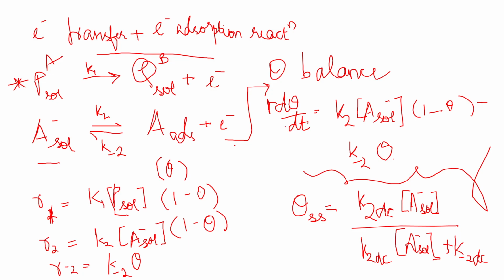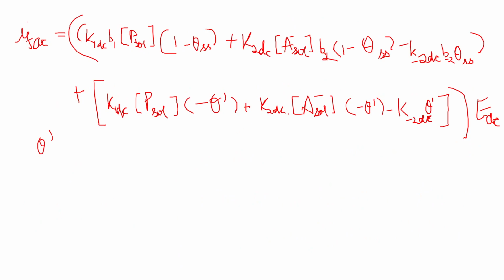And d theta by dT will be j omega theta dash EAC. Substitute it, cancel off all those terms where EAC square comes and constants alone, segregate the terms with EAC and find out theta dash. Once you find out theta dash, you can substitute back in this equation.